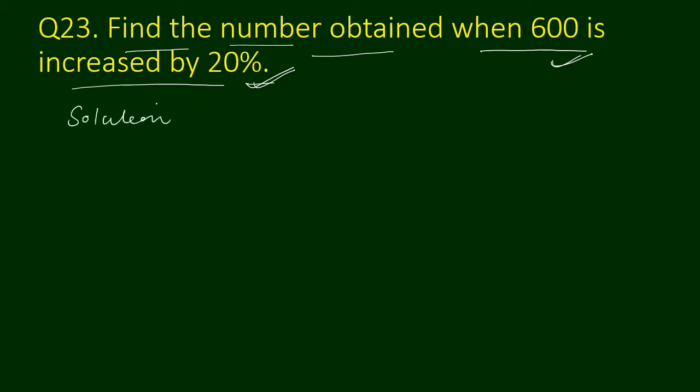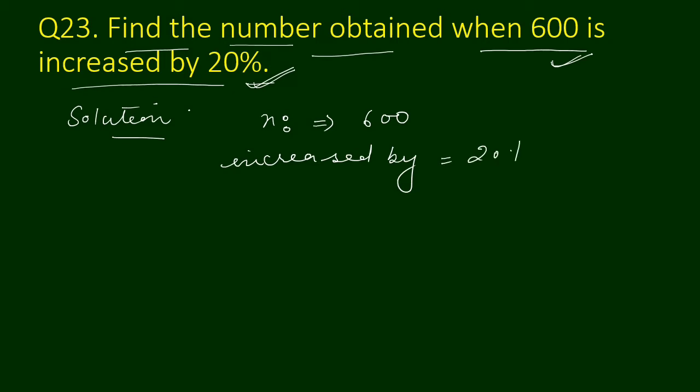For this solution, what will you do? Very first you have to find 20% of the number already given, 600. Zeros cancel, zeros cancel, so you got 120, that is 20% of that number.